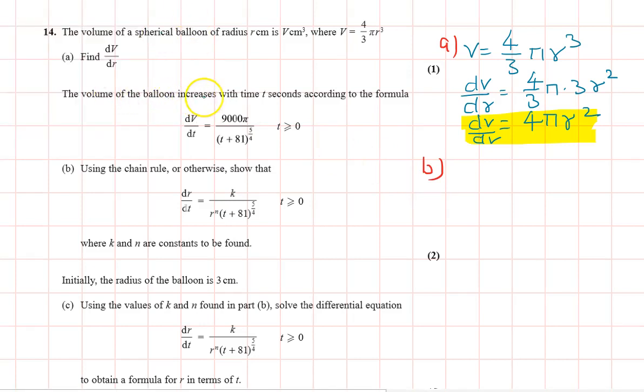Now part B is, the volume of a balloon increases with the time t seconds according to the formula dV over dt. Using the chain rule or otherwise, show that dr over dt. So we have dV over dr, dV over dt, dr over dt. We have to prove dr over dt.